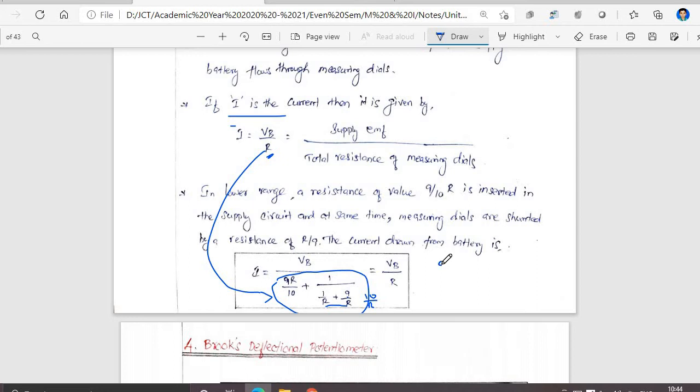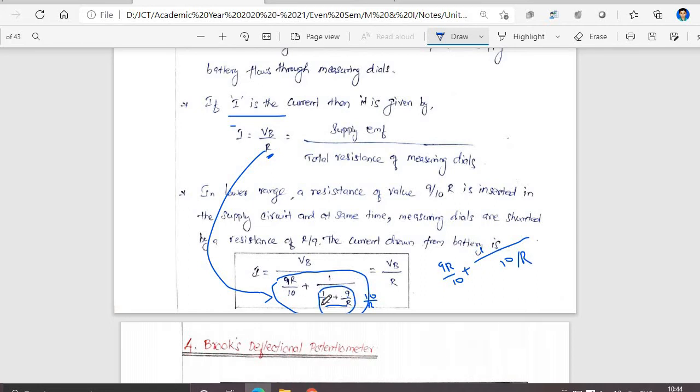so here 9R divided by 10 plus 1 divided by 10 by R. You can solve the equation here.